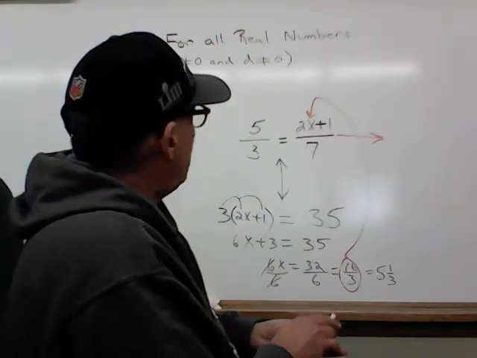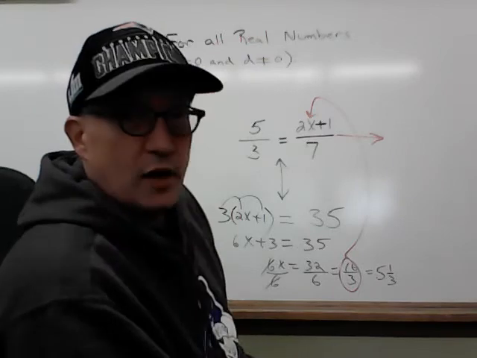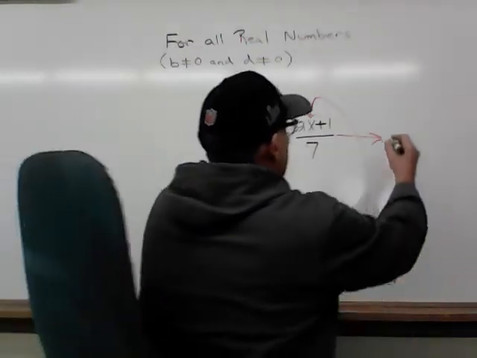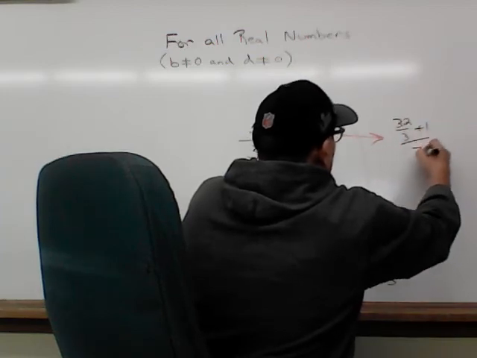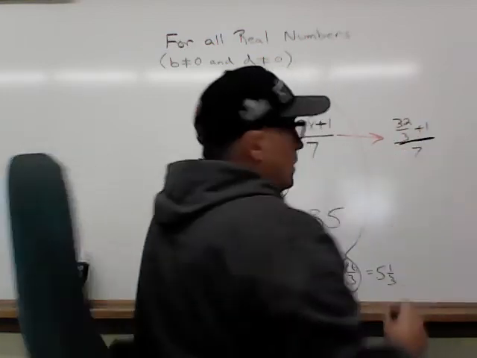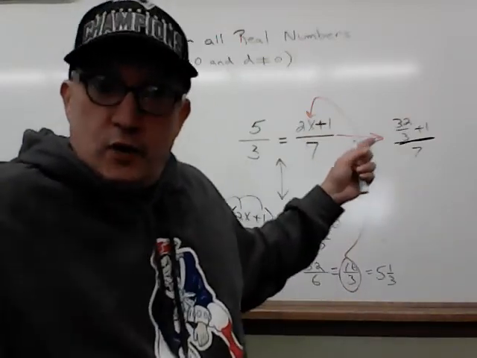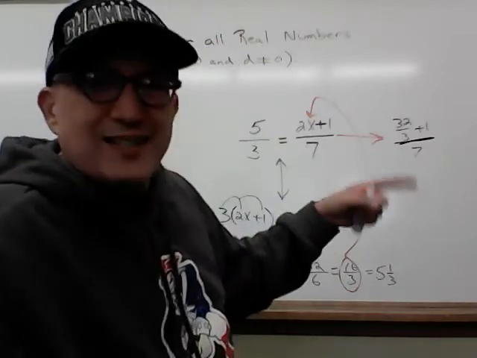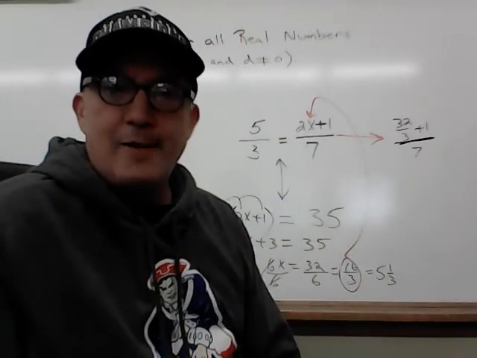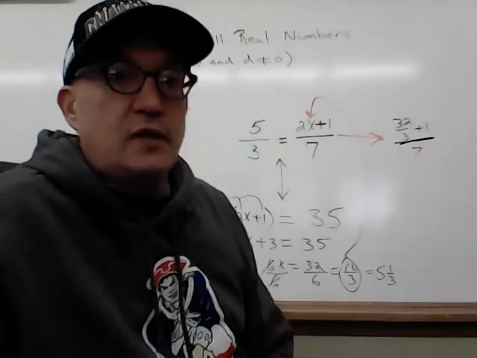So let's see what happens putting the 16/3 where the x is. Well, the numerator over there is 2x plus 1. We're saying that x equals 16/3, so 2x is 32/3, right? 2 times 16/3, 32/3, that's easy.